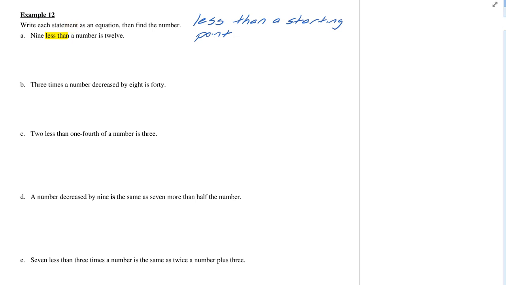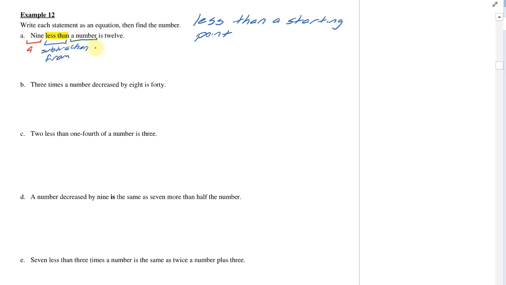So if I try to interpret this, 9 is 9. This is indicating subtraction, but it's going to work in a slightly different way than before. So I'm just going to indicate that that means subtraction, and it's really subtraction from is the way we want to think about that.